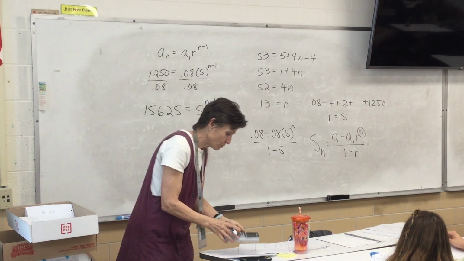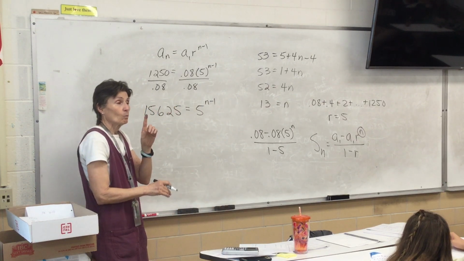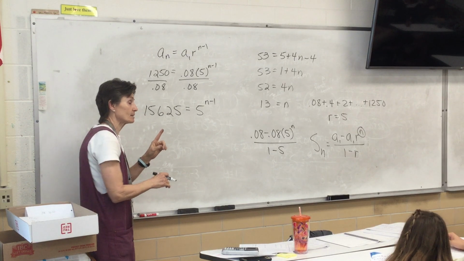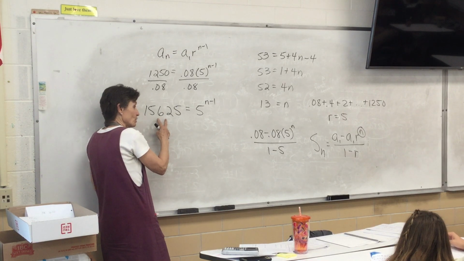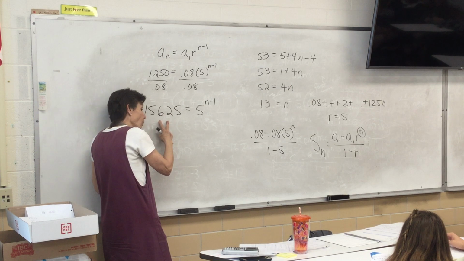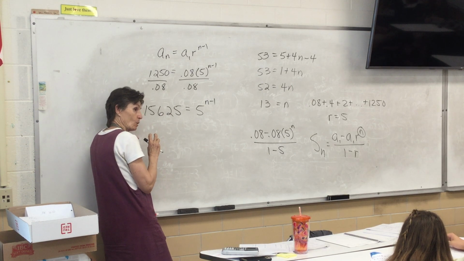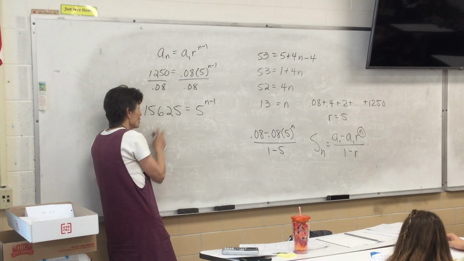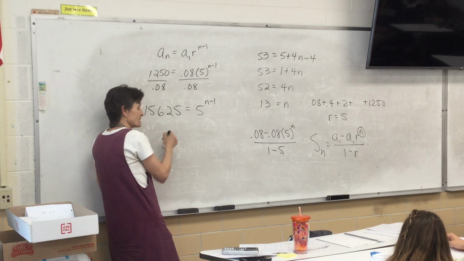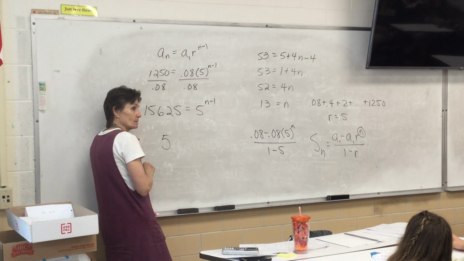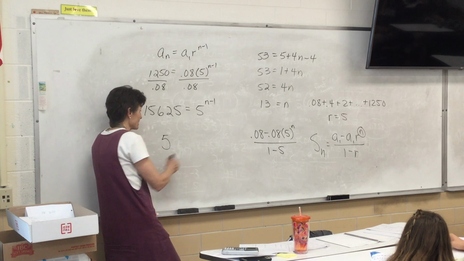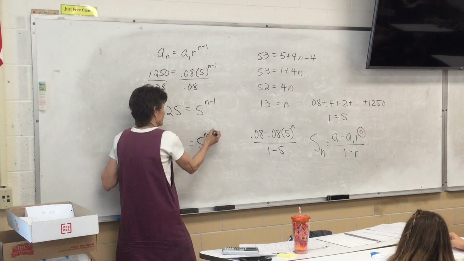Now listen to me. When this happens, this number over here will always be a perfect power, a whole number power of that number. So this is 5 to the something. Has to be, okay?